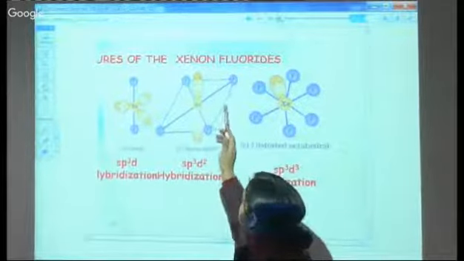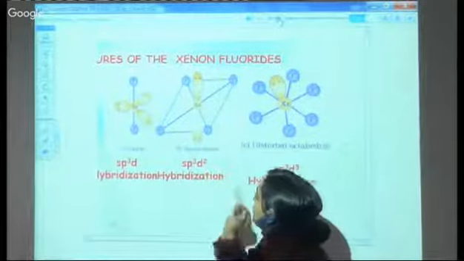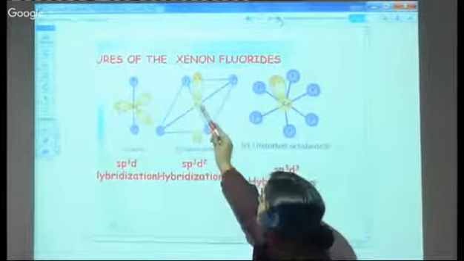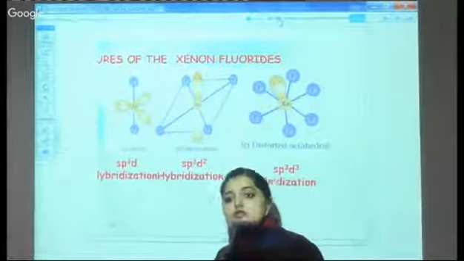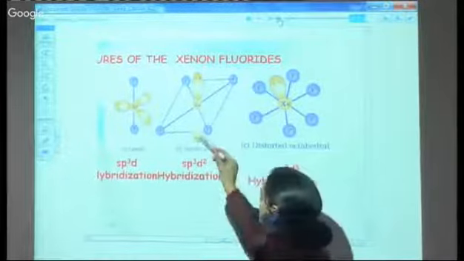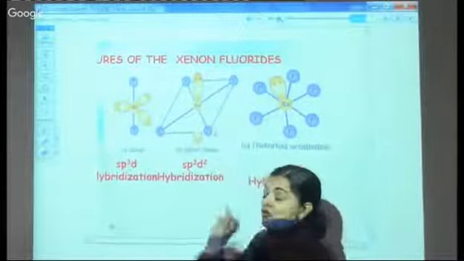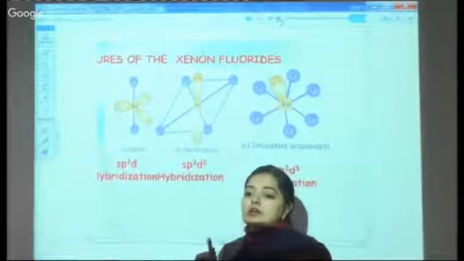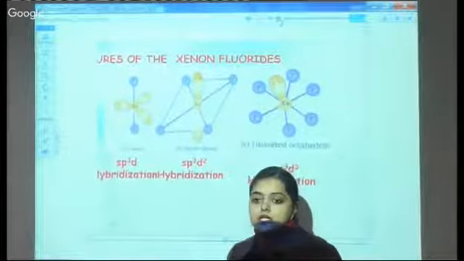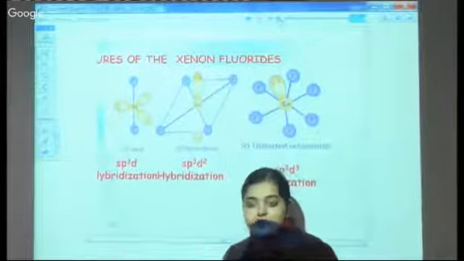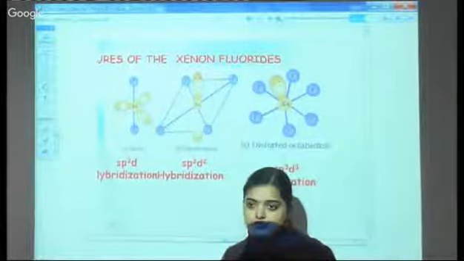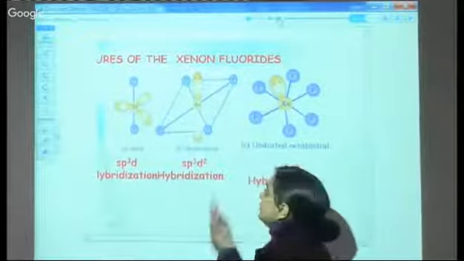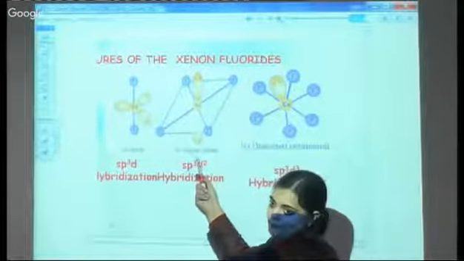Okay, when it comes to square planar XeF4, 4 for fluorines, remaining are the 4 electrons forming 2 lone pairs. It will be this way. Now lone pairs do not get added up in the geometry. We never count lone pairs for the geometry formation. We only look at the bond pairs for the geometry. Fine. So the geometry becomes square planar.